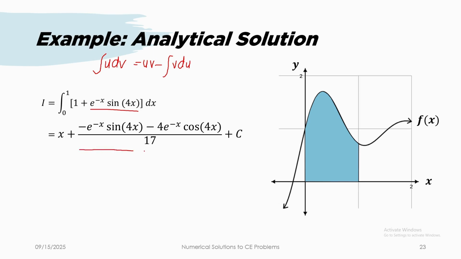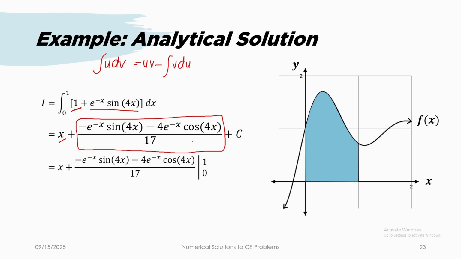Integrating that would lead us to this one. The integral of 1 dx is just x. Then we evaluate from 0 to 1. So we just plug in 1 in x, then minus when we plug in 0 in x.